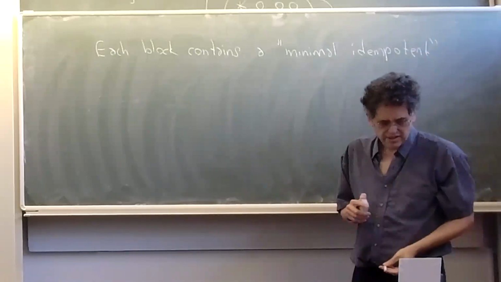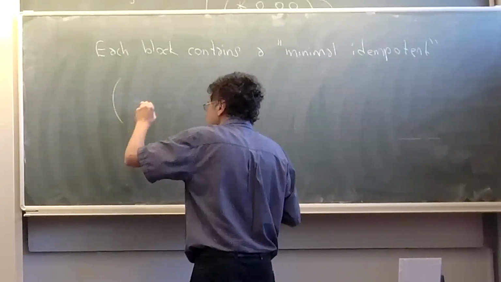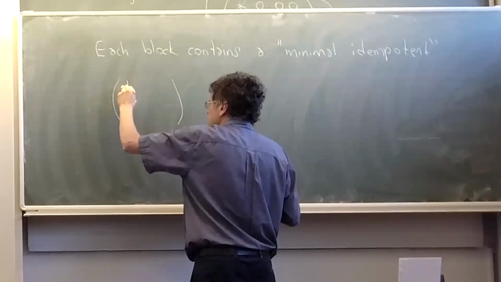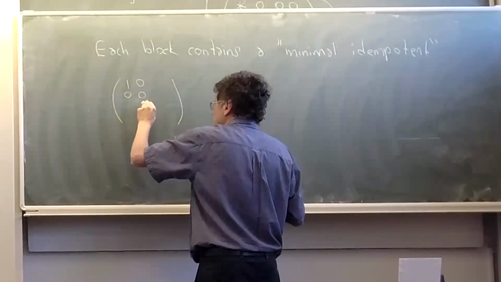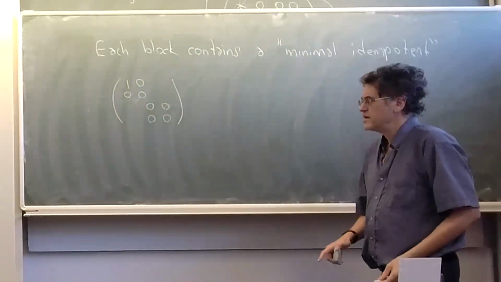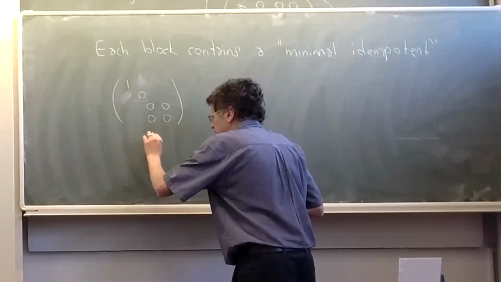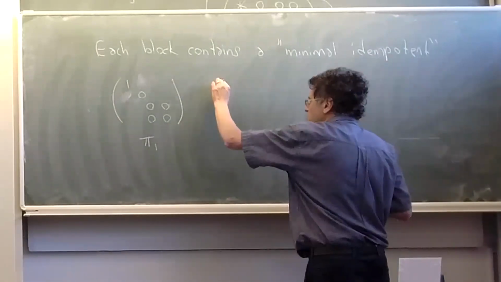So for example, in our example of the group S3, we had these various blocks, and in the upper left-hand block, you could just stick a one there, and I'll call this guy pi1, and that's an example of a minimal idempotent.